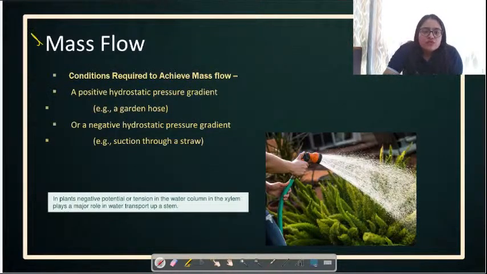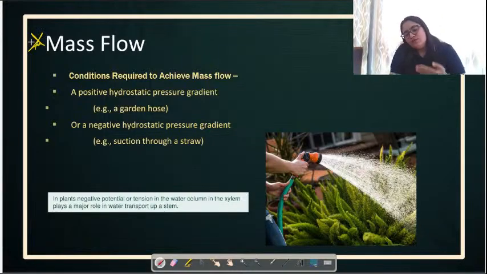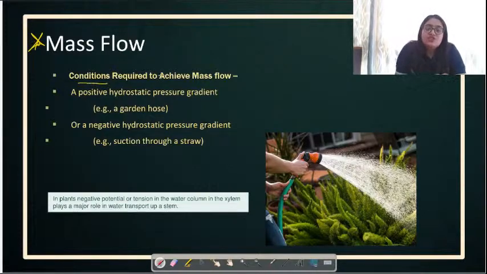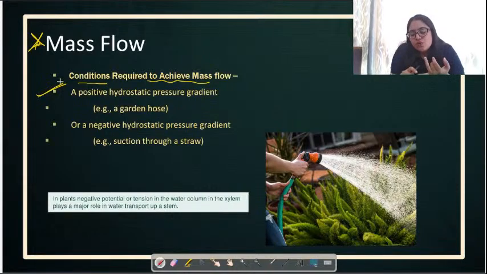So let us see now, students, what are the reasons because of which mass flow can be generated. The conditions required to achieve mass flow of the substances inside a plant body: mass flow inside a plant body can be achieved, my kids, with the help of two types of conditions.